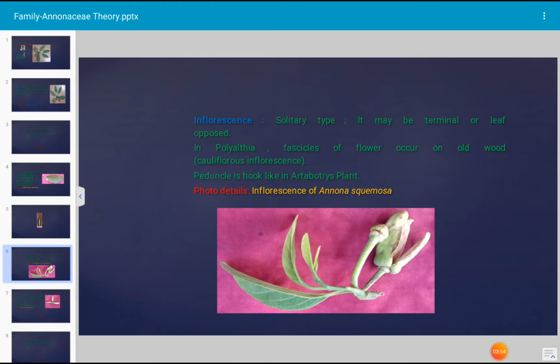Such type of inflorescence is described as cauliflorous inflorescence. And the peduncle, the stalk of the flowering shoot of the plant, is known as peduncle. Peduncle is hook-like in Artabotrys plant. Artabotrys is the name of the plant. And the photo given here is the inflorescence of Annonaceae.